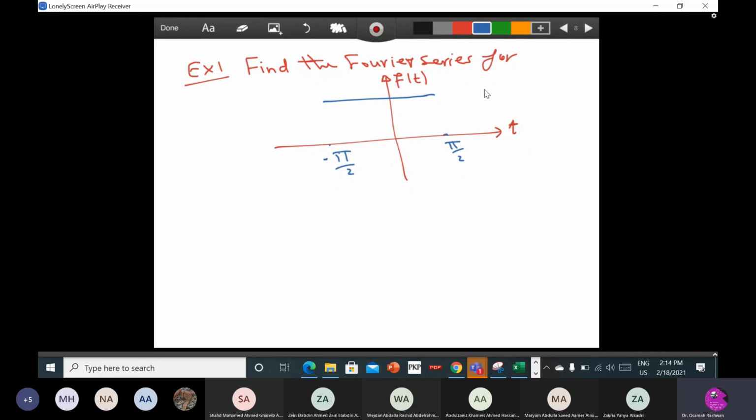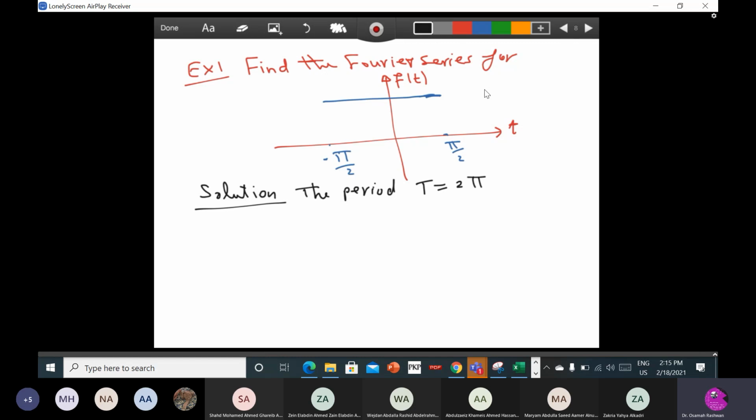So now, first of all, I have to decide the period. If the question tells me the period is T equal to 2 pi, I have to stick to 2 pi.